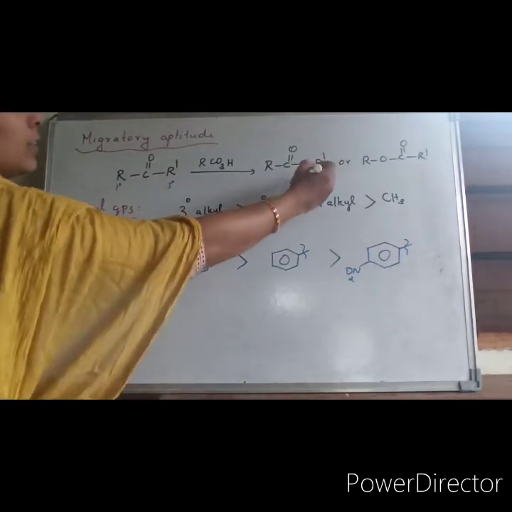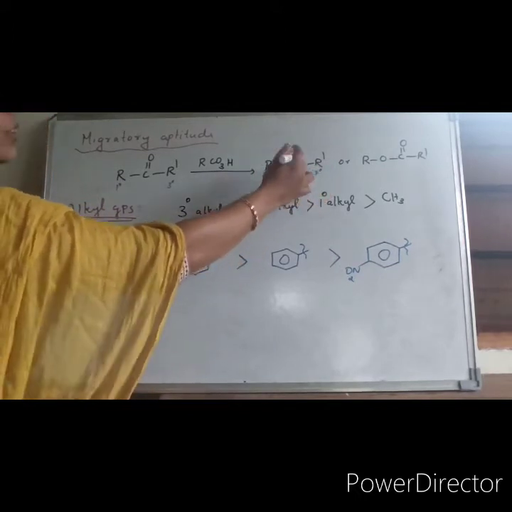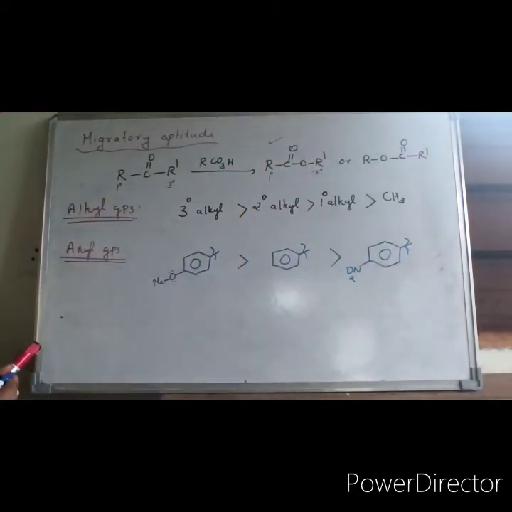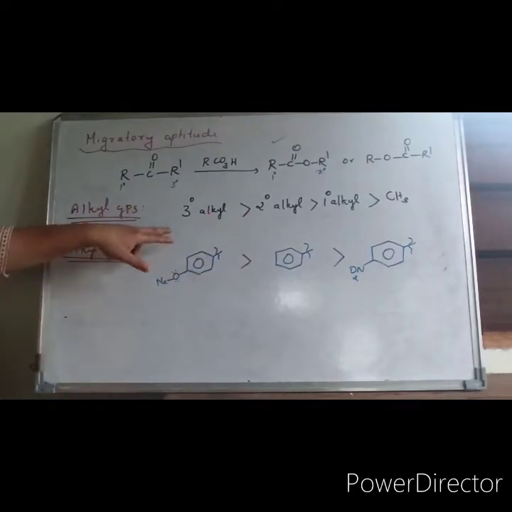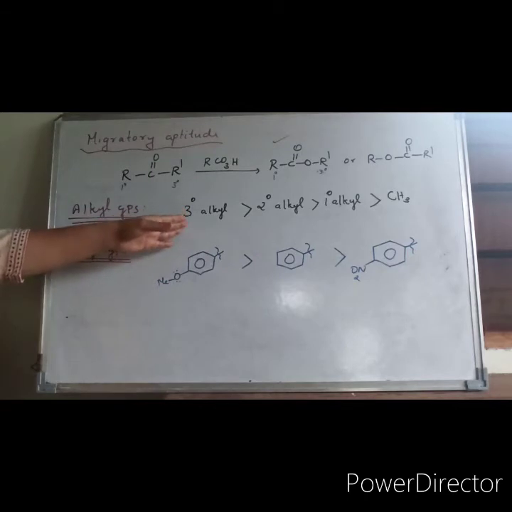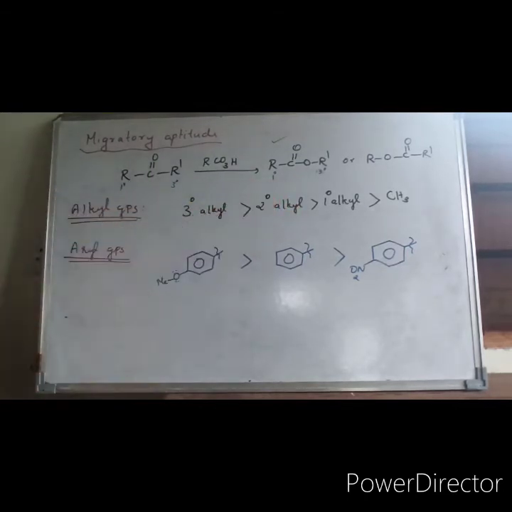So that means this will be the product. This is primary, this is tertiary. So this would be the major product. So that is the meaning of migratory aptitude. So you have to keep in mind that the order will be tertiary greater than secondary, then primary, then last for the methyl group.